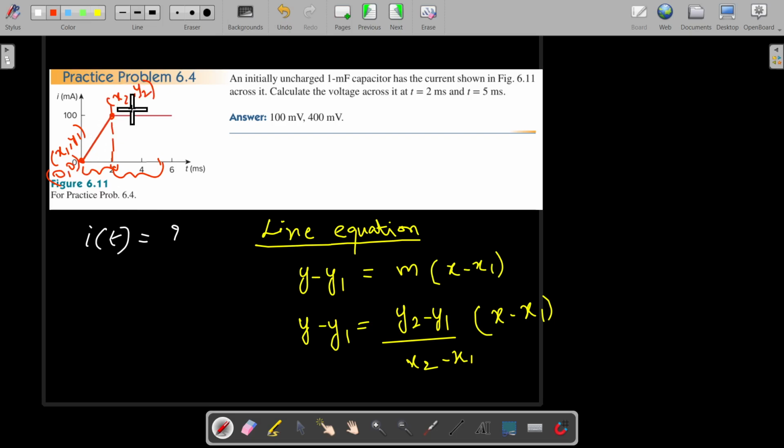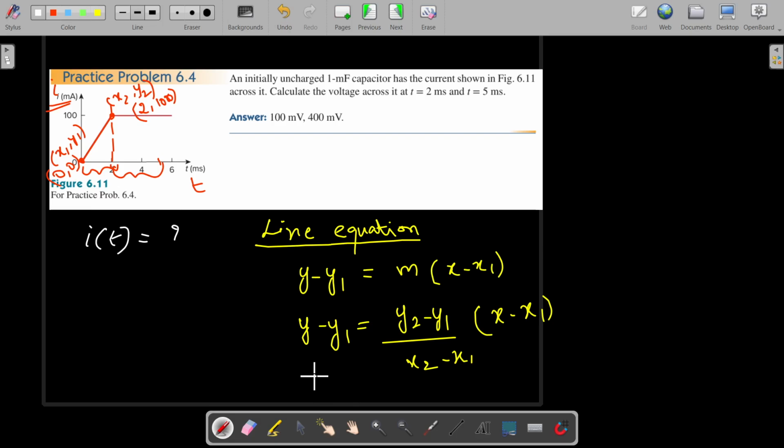It is nothing but 2 comma 100, isn't it? Because along the x-axis you have this 2 value, along the y-axis you have this 100. So for this ramp signal, first you can write down this line equation. Along the y-axis you have the current I and along the x-axis t is taken. So with this introduction, we can proceed.